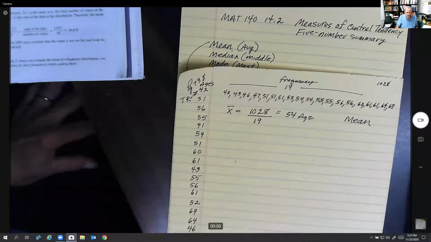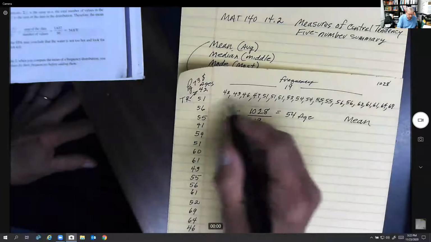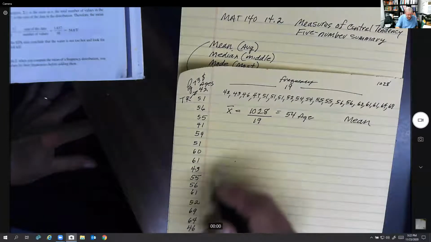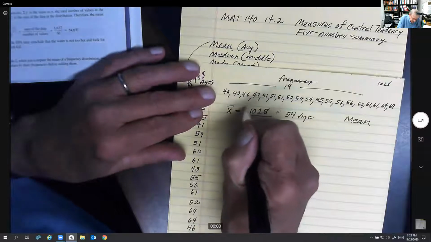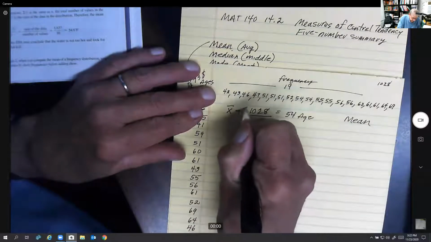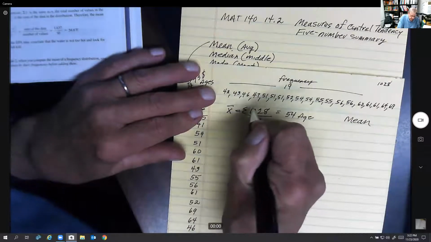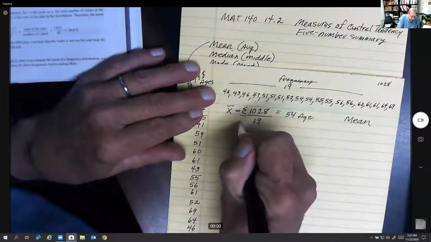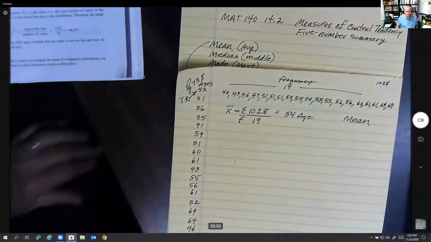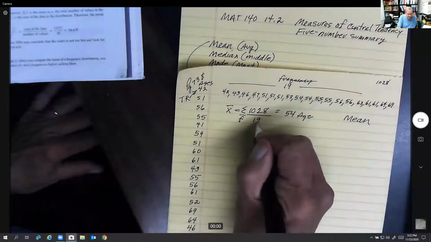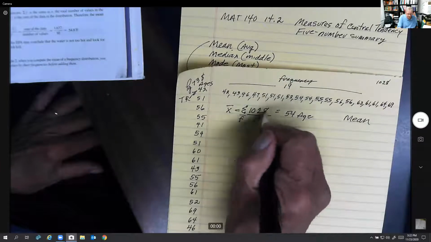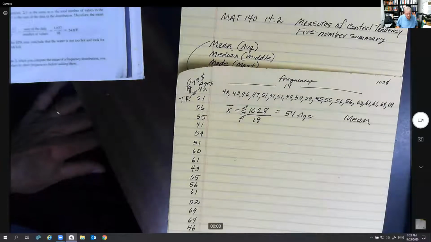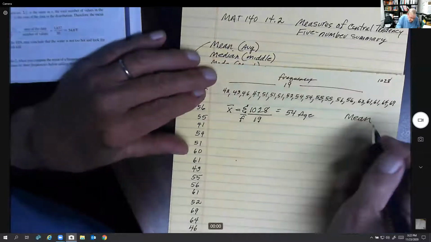That's what we call the mean. It's the sum of all their ages divided by the frequency. The frequency is 19. The sum, sigma, is 1,028.